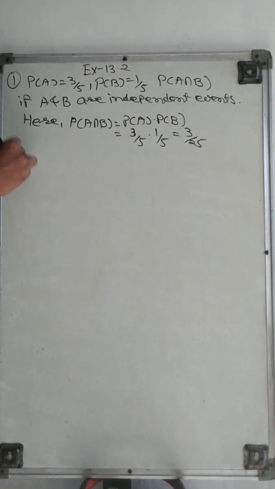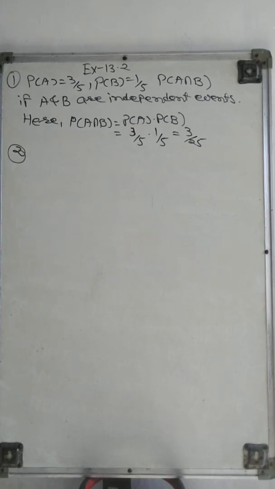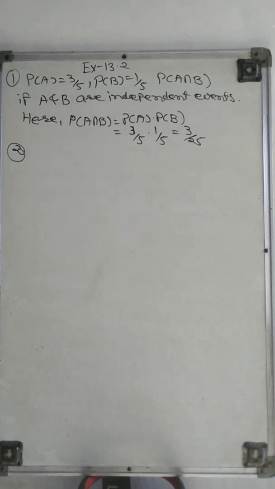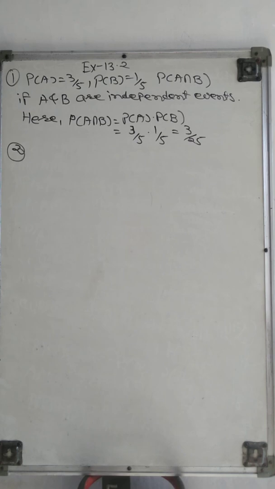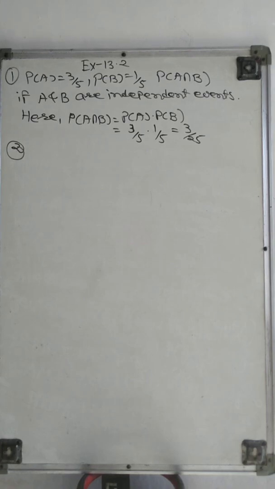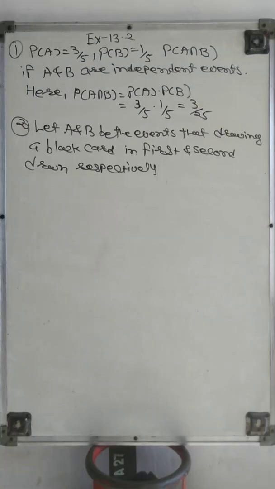Second sum is, given that 2 cards are drawn at random without replacement from the pack of 52 playing cards, find the probability that both the cards are black. Here we want to obtain 2 cards. So we take A and B, the events of drawing a black card in the first and second draw respectively.